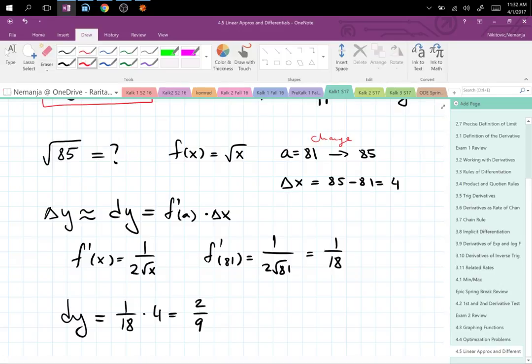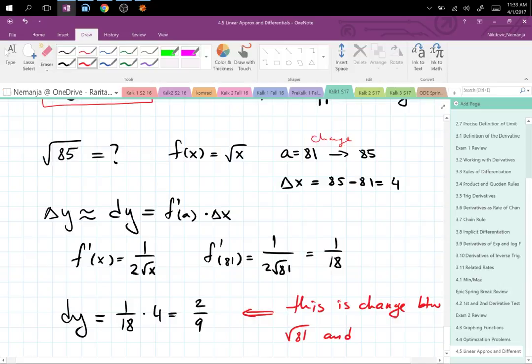Now, I'm going to write this in blood over here. This is the change between square root of 81 and square root of 85.